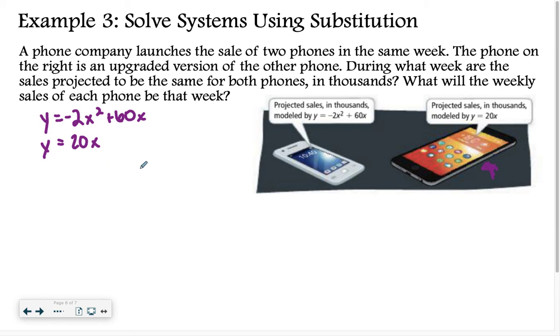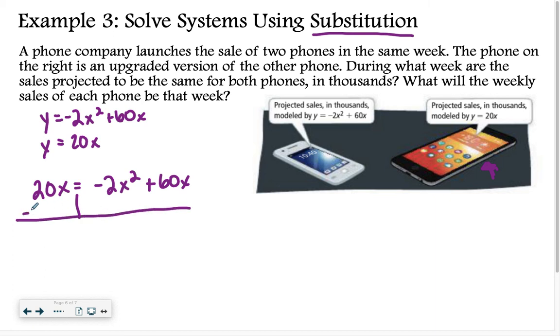Okay. Since it says we're going to use substitution, let's remember when we have a y equals and a y equals, that means that I get to just set it up where I get rid of the y's and I set the two equations equal to each other. Then I'm going to solve for x. So I'm going to subtract that 20x over, so that way I have my regular x terms on one side.